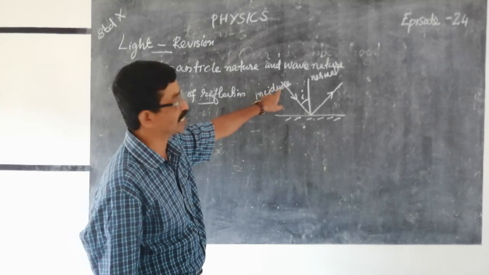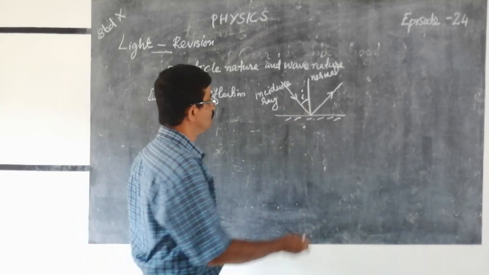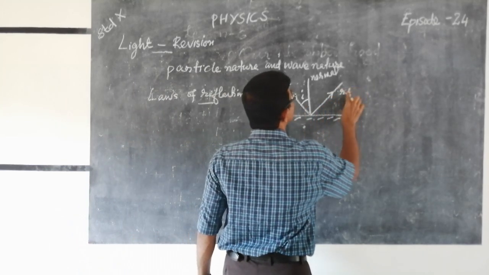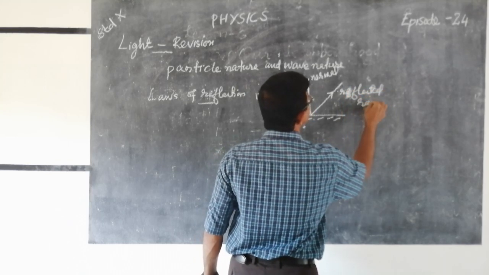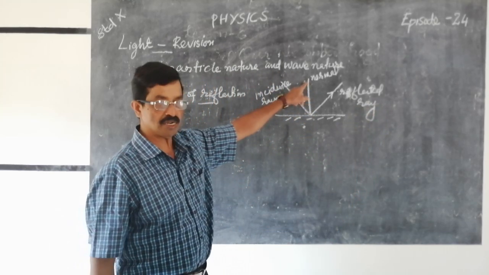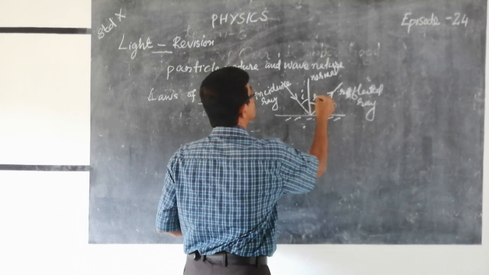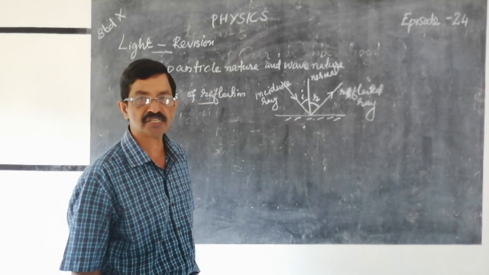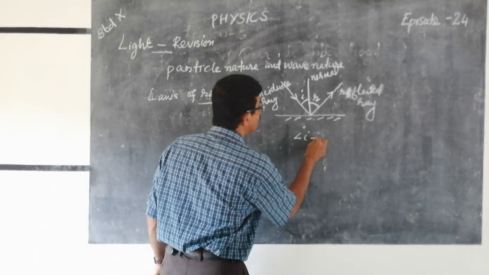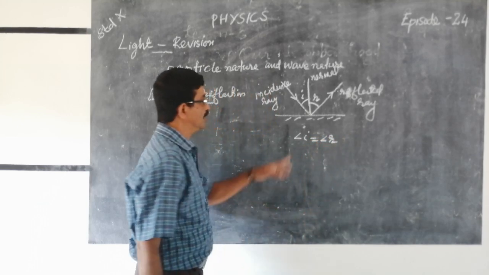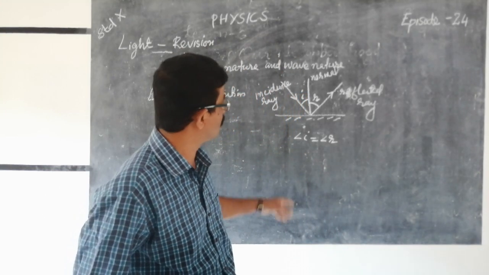This is the incident ray, this is the angle of incidence, and this is the reflected ray, and this one is the normal. The angle between these two is called the angle of reflection. These two are equal. That is, angle i equals angle r. That is, the angle of incidence is equal to the angle of reflection. This is the first law.